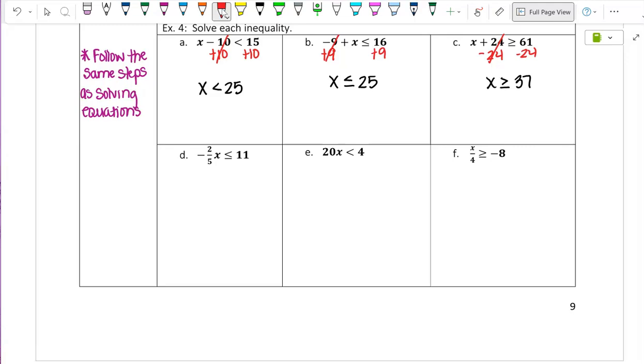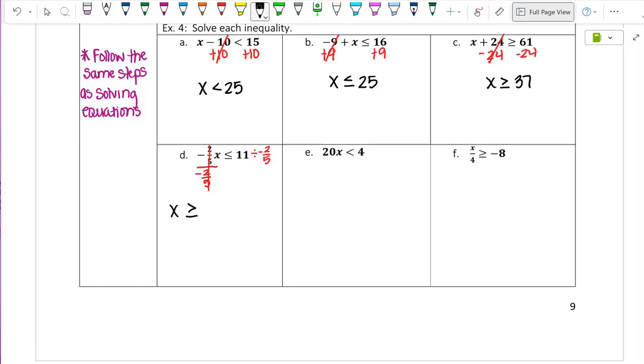Now with fractions we do invert and multiply, but I've been having you guys just go ahead and show it as division so we don't get confused. So we're going to divide by the negative 2/5. So x is less than or equal, and actually we divided by a negative, so we've got to go from less than or equal to greater than or equal.